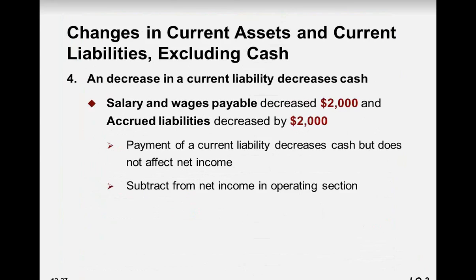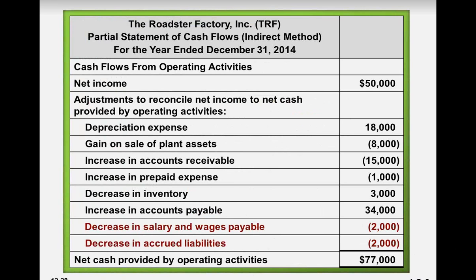So a payment of a liability decreases cash but does not affect net income, because if I pay salaries payable, I would debit salaries payable, credit cash. So it doesn't affect my net income, but it does affect my cash. Again, if a liability decreased, we would subtract. And in that case, we had cash provided by operations of $77,000.